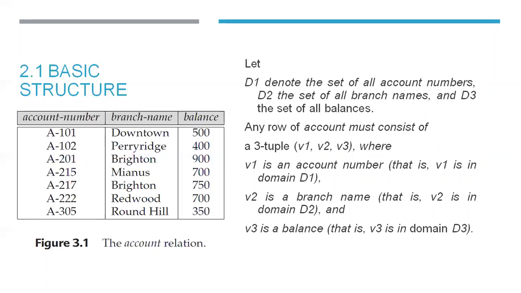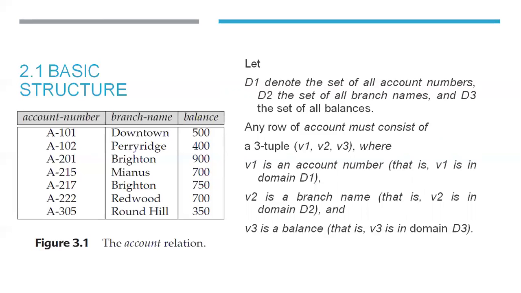Now, how to represent this mathematically? Let D1 denote the set of all account numbers. D2 denotes the set of all branches, and D3 denotes the set of all balances. Now, any row of account must consist of a three tuple, that is V1, V2, V3, where V1 is an account number, that is V1 is in domain D1.